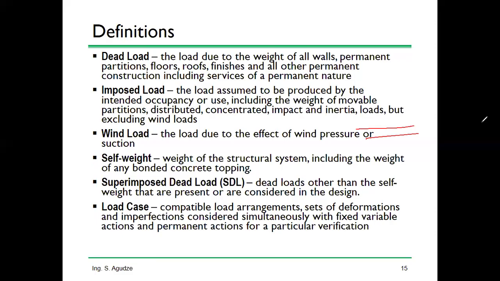So here we want to talk about individual loads that may occur on the structure. Maybe there's dead load, maybe there's imposed load, there's wind load, earthquake. These are the various load cases. So the various loads that you're expecting to act on the structure are considered under what we call load cases.